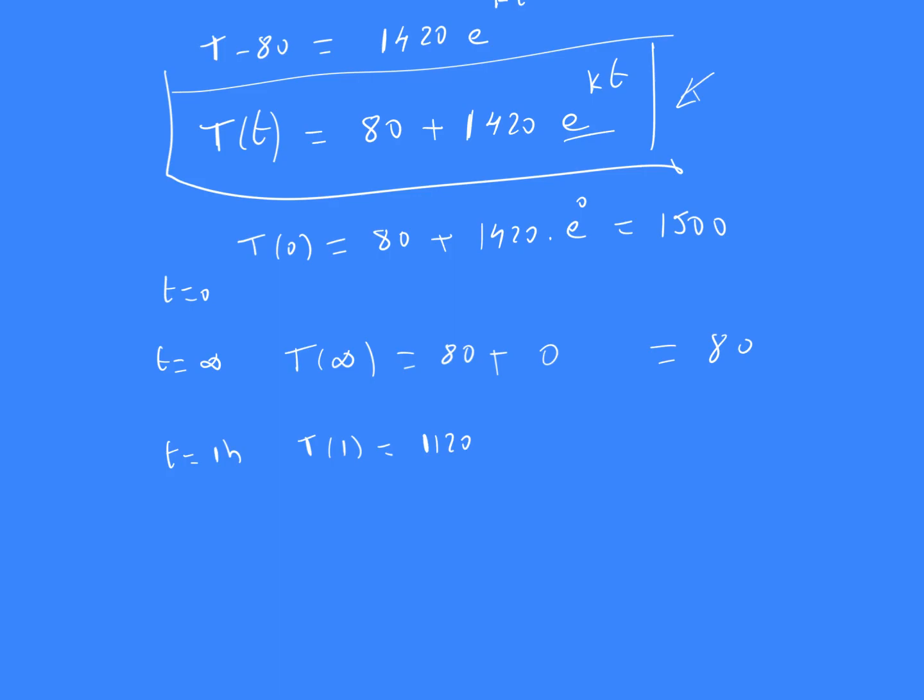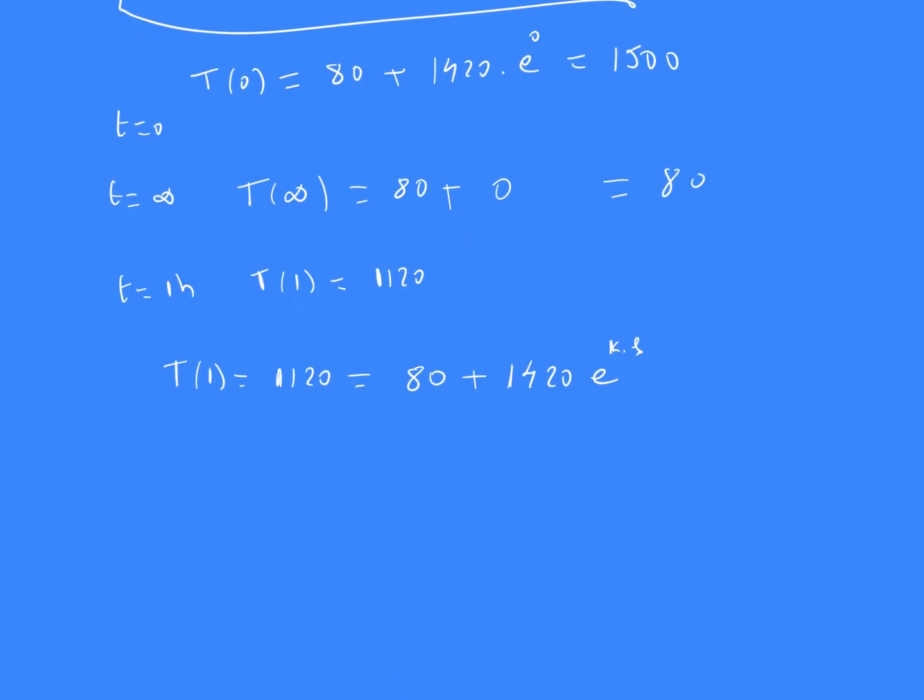The solution is here. So T of 1 is 1120, equal to 80 plus 1420 e to the k, e to the k times 1. And this equation allows us to find the k. How will we find the k?